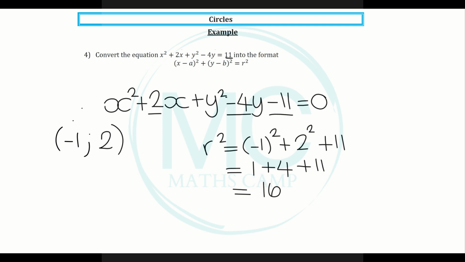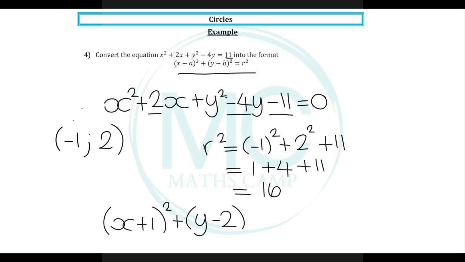This is the value of r squared. Now that I have this value and the coordinates of my center, I can fill the values into this format. A is negative 1, so I can say x minus negative 1, close the bracket, squared, plus, open a bracket, y minus b, which is 2, close the bracket, squared, is equal to r squared, which is 16.